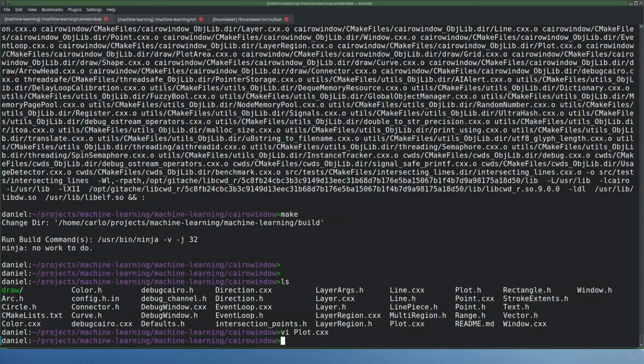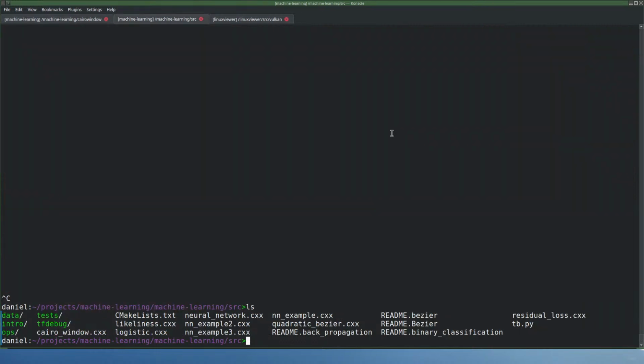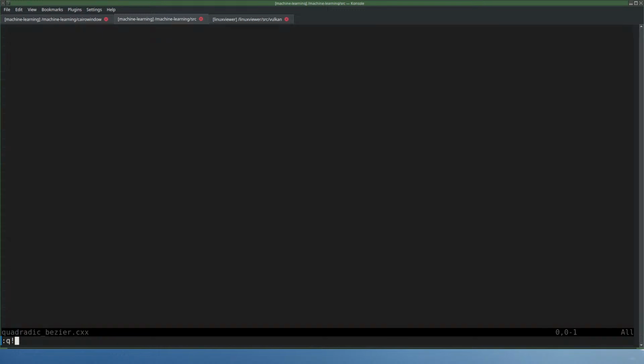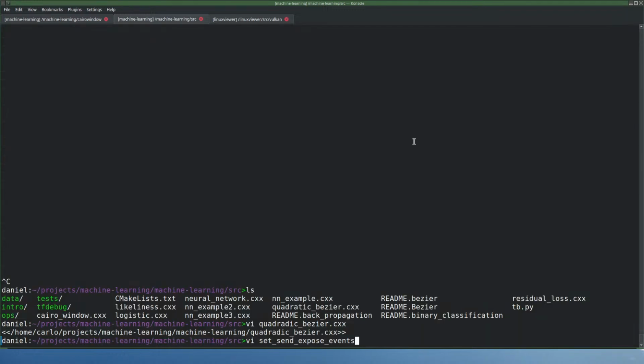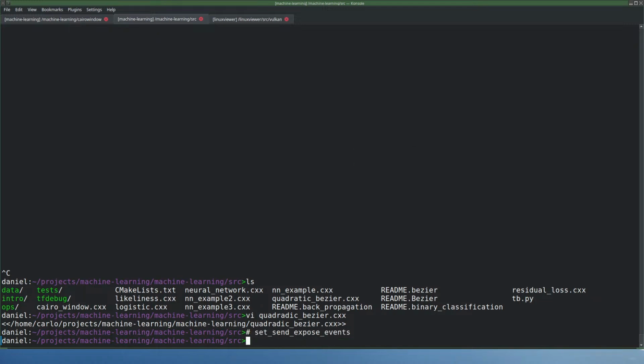No. It's a responsibility of my program. Quadratic Bezier.cxx, or if I typed it correctly, I want to keep that in my mouse buffer, so that's why I was typing.